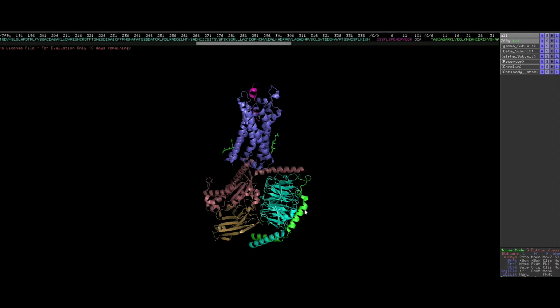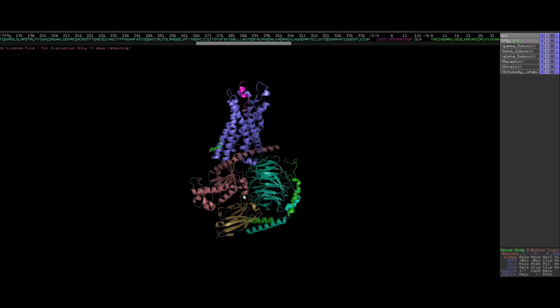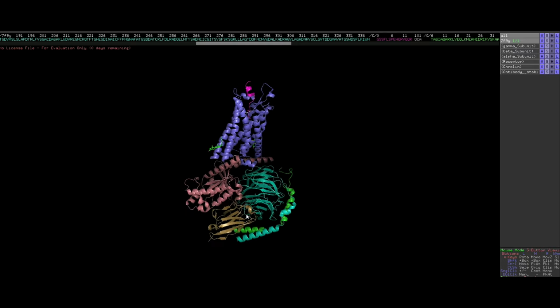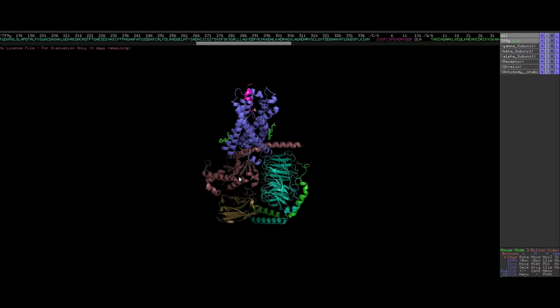And so this green one here is the gamma subunit, this cyan is the beta subunit, and this salmon here is the alpha subunit. Down here in brown, this is an antibody, and it's there to stabilize the structure during the cryo freezing process for structure determination. So that's not actually part of this protein complex.